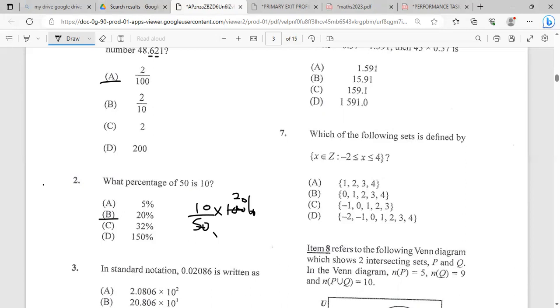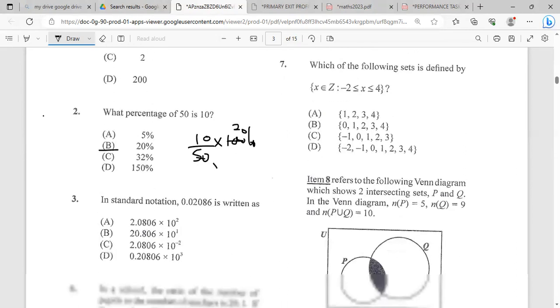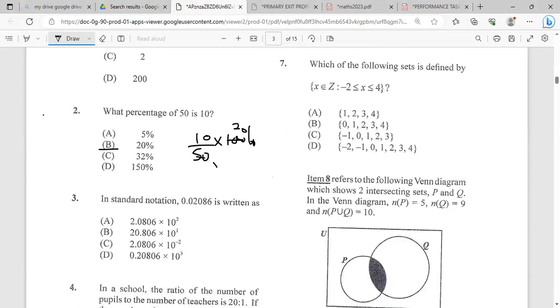It says, in standard notation, 0.0286 is written as. Now what they want us to do is to put it in standard form, and we know that it should be between 0 and 10. So what we have to do is to carry to the first whole number, which is right here. So we're gonna move 1, 2.